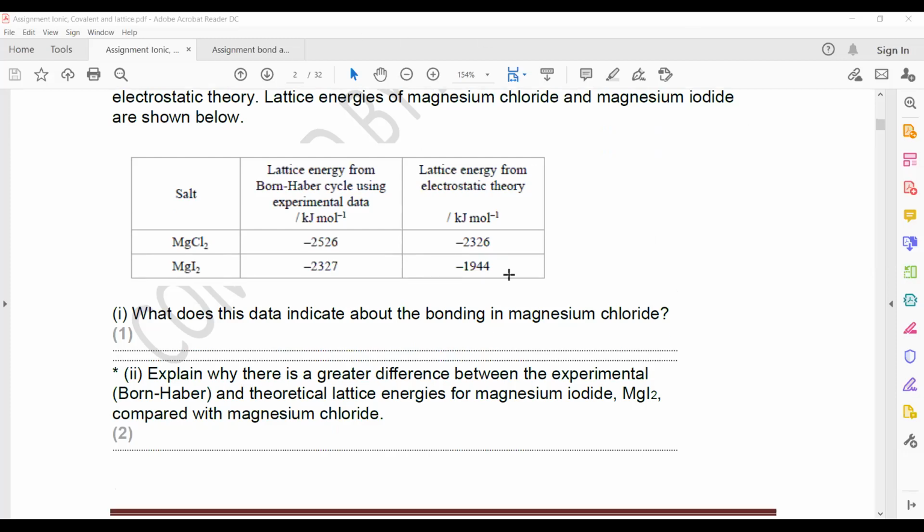Next part, they're asking why there's a greater difference in experimental and theoretical lattice energy of magnesium iodide compared to magnesium chloride. So when you compare magnesium chloride with magnesium iodide, iodine is larger in size. Magnesium is the same.